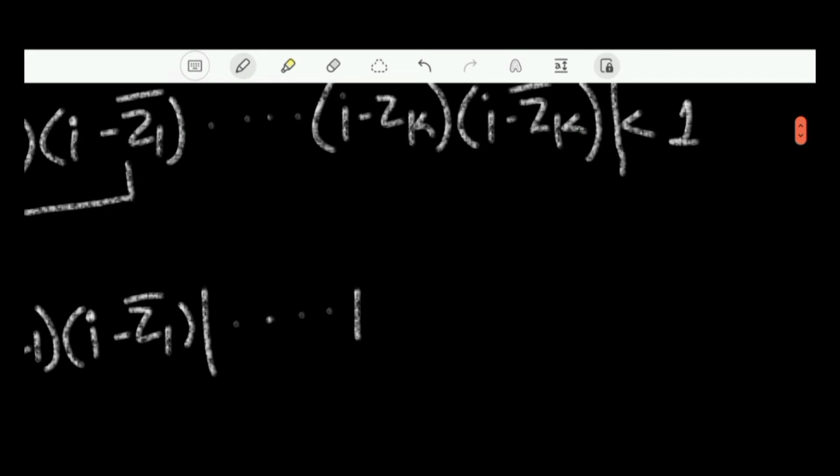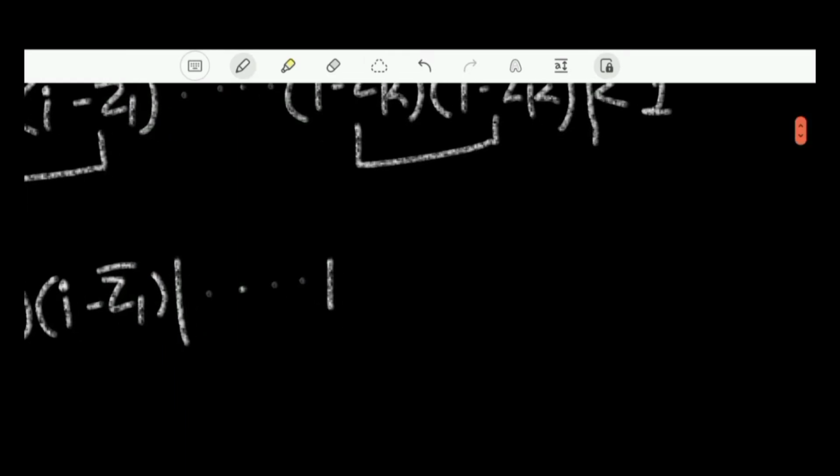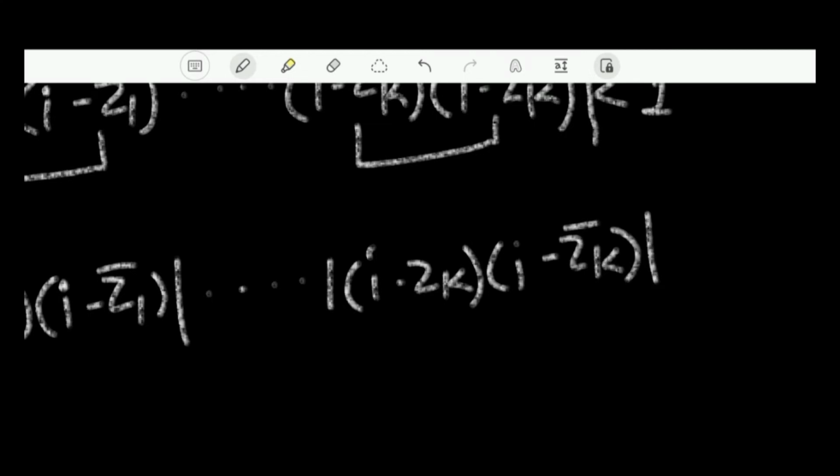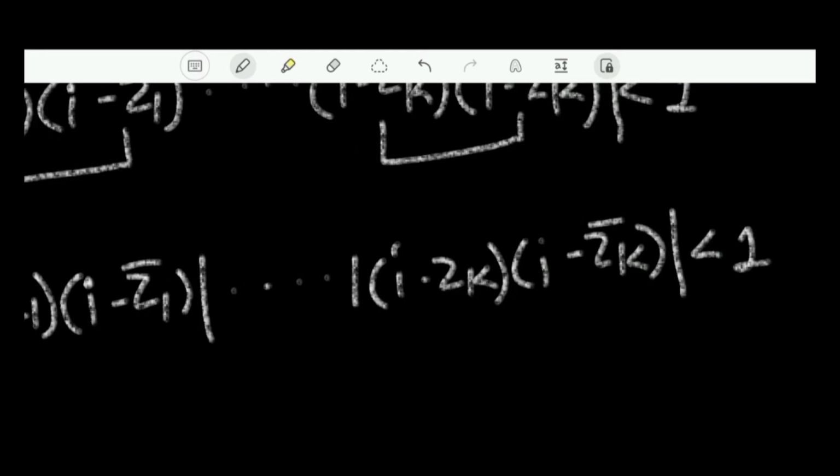Similarly, we can take this pair inside a mod and write it like (i − zk)(i − zk bar), which is less than 1.